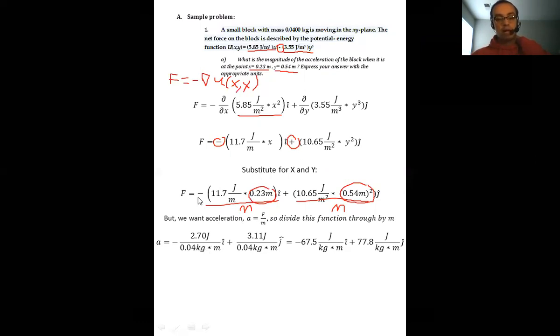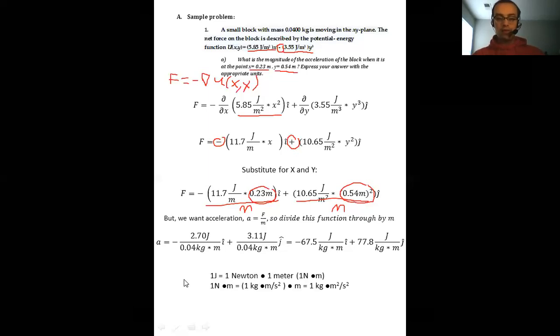That's the result of evaluating this part of the equation over 0.04 kilograms times meters i-hat plus 3.11 joules over 0.04 kilograms times meters j-hat. We go ahead and evaluate, and we find that the acceleration is equal to negative 67.5 joules per kilogram times meter i-hat plus 77.8 joules per kilogram times meter j-hat.